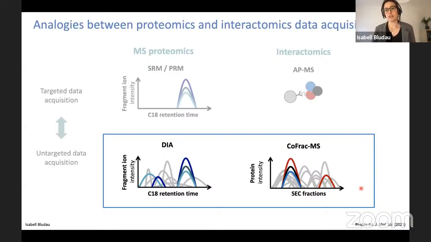And if something went wrong during sample preparation, then you will actually see that your total protein amount in the fractions shifts. This is a good indication that the protein complexes actually fell apart.